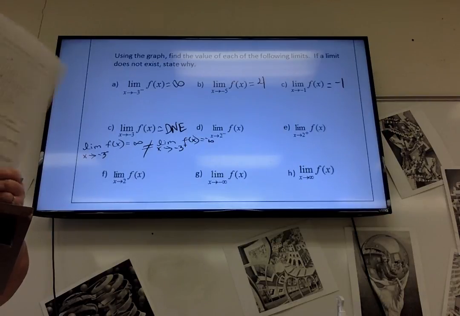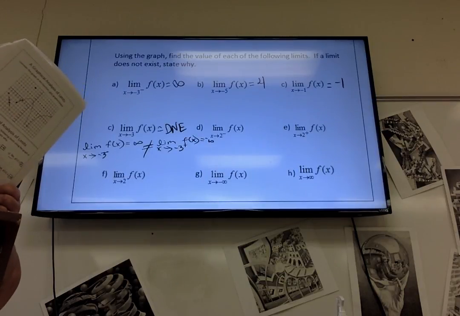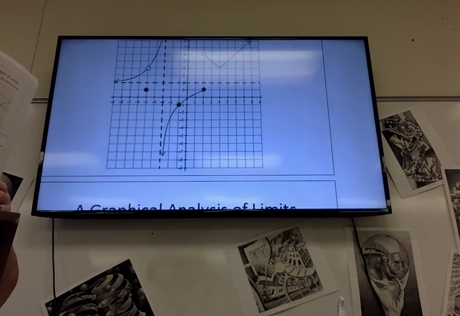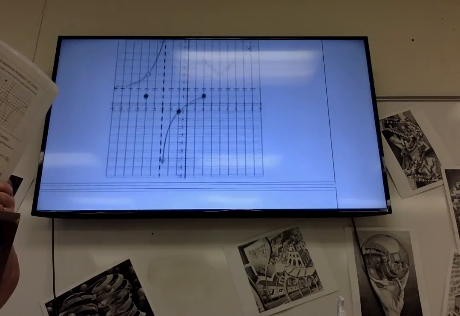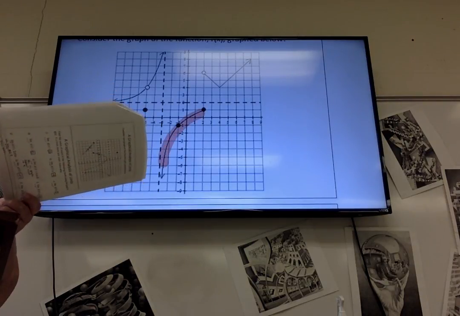Okay, so then the limit as x approaches 2 from the left-hand side of f of x. Daniel? 1. 1 is right. So we look at 2. Here's 2. From the left-hand side is coming from this way, and we see that it's 1 on the y-axis.